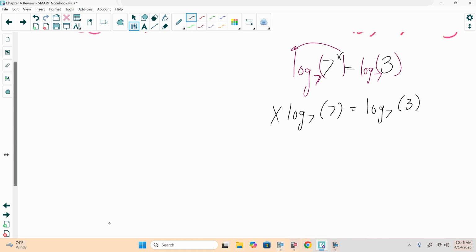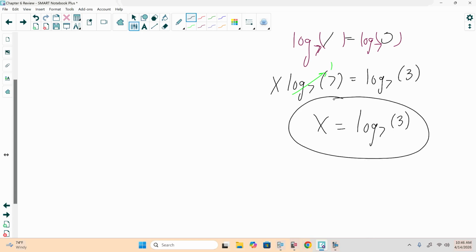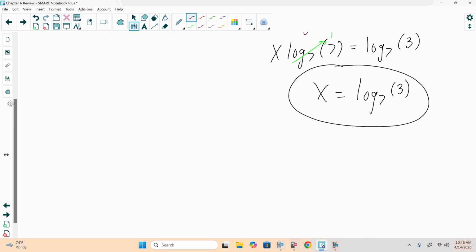So this here is going to simplify to 1, giving us 1 times x, which is just x, is equal to log base 7 of 3. Now at this point here, we need to solve for x. We need to get x by itself. Well, it is, so that there is our answer.